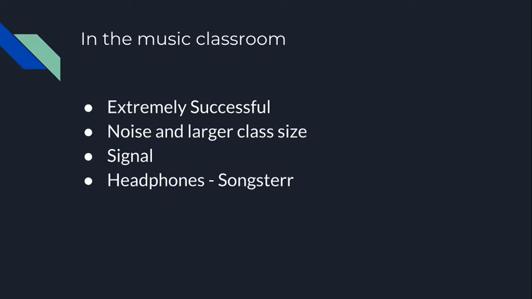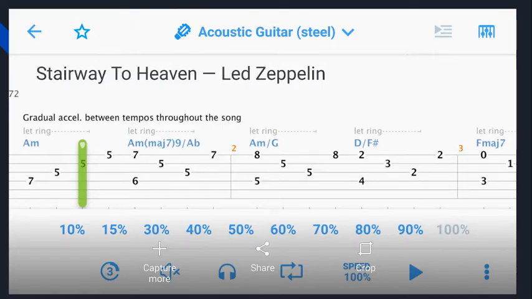Because he was so successful in class, we began working with the Songster app. It's an Android and iPhone app that has a scrolling tablature. We'll have pictures, I think. Next slide. There we go.